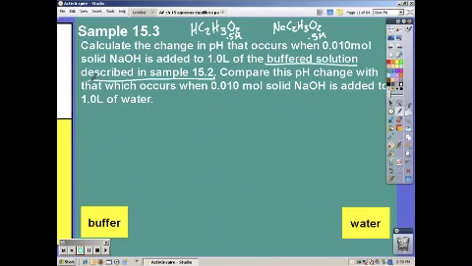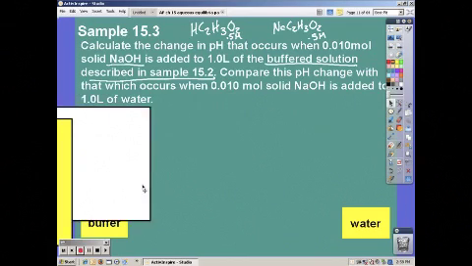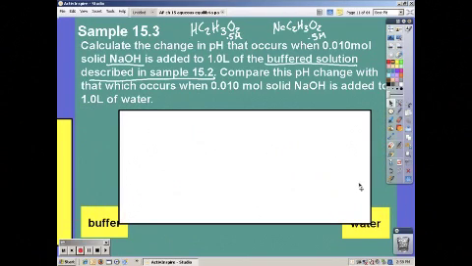It says we have 1 liter of that buffered solution. We're adding NaOH, which is a strong base, so it's got to react with an acid. So we figure out which part of our buffer is the acid, in this case it's acetic acid, and we write our equation out.